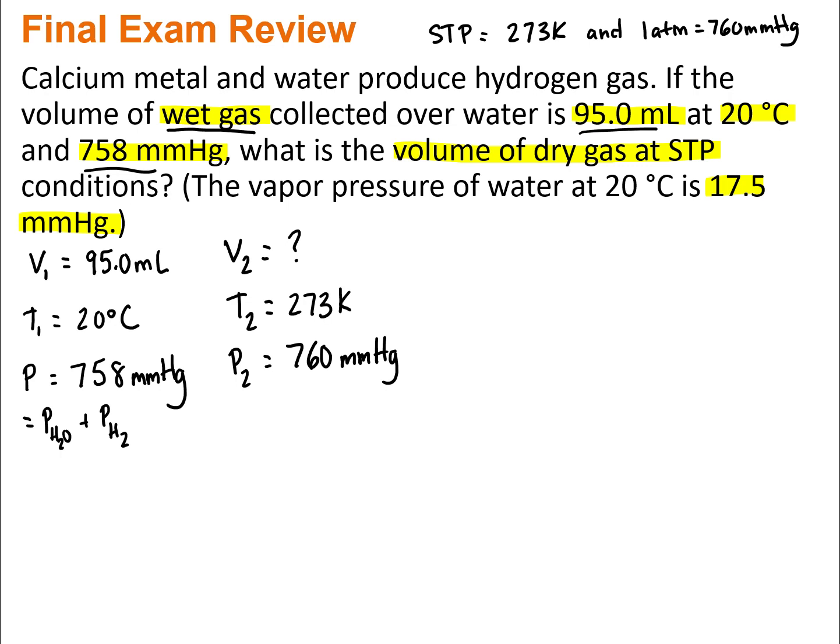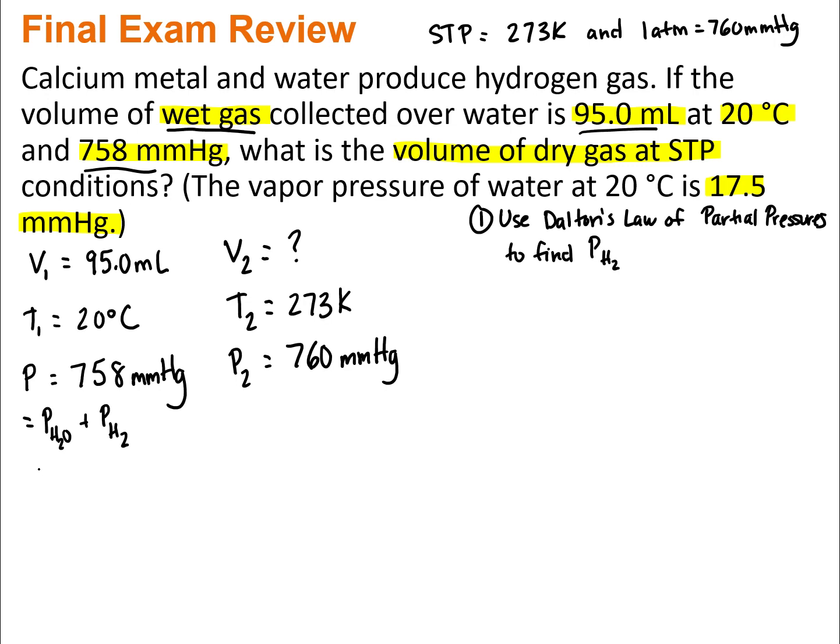That's where Dalton's law of partial pressures comes in. We're going to use that law to find the pressure of just the hydrogen gas alone. We're told the contribution of the water vapor.